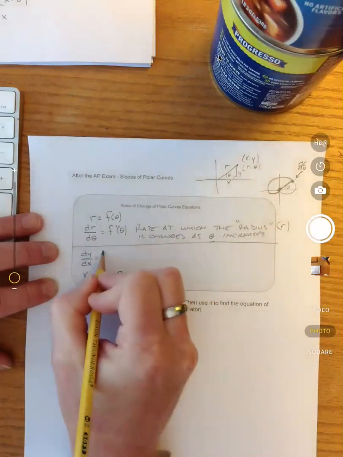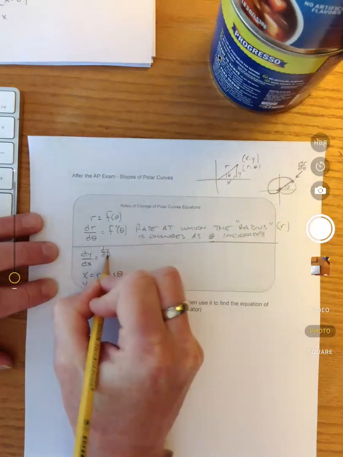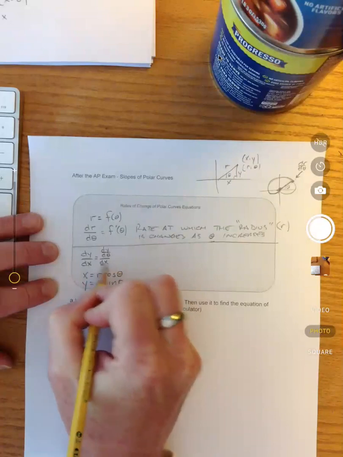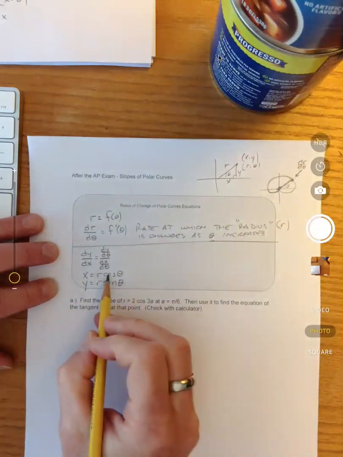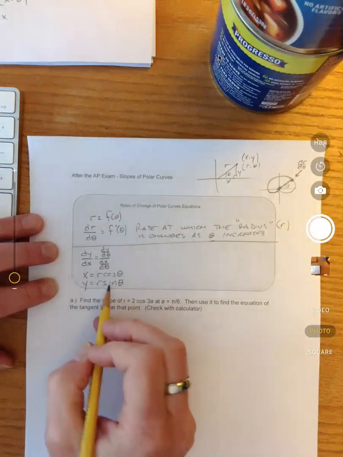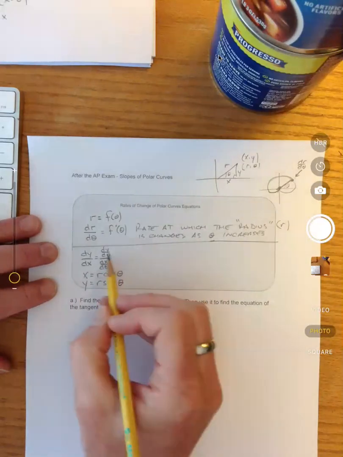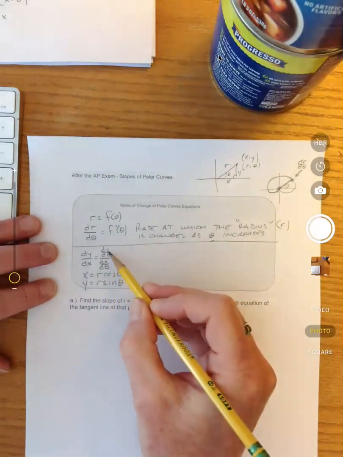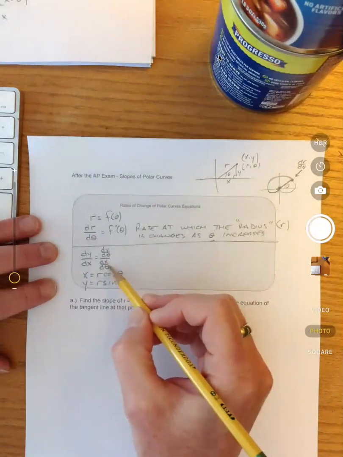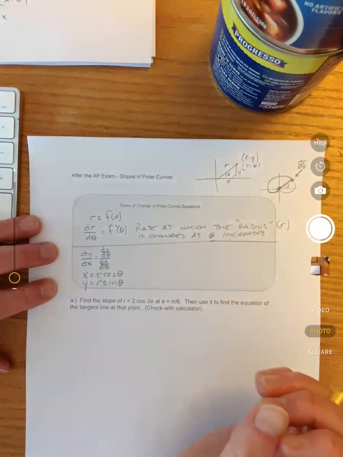So if I take the derivatives of these components, I get dy d theta over dx d theta. Taking the derivatives of each of these individual expressions would give me two relationships that I can divide. Hope you can see the algebra: dy d theta divided by dx d theta. The d thetas will cancel out, and I'll get dy dx.